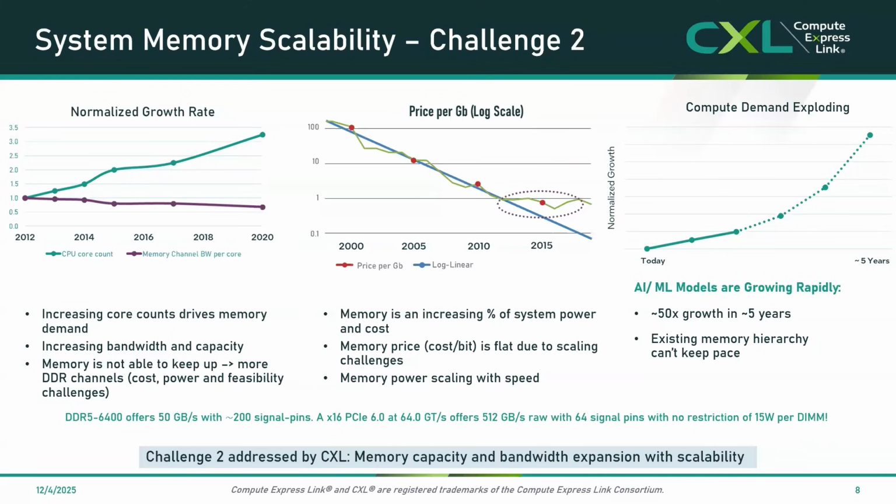So you can even deploy cheaper memory there to keep your costs under control. You don't need to have the most expensive type of memory. So this is where memory semantics helps with addressing the capacity challenges, the cost challenges, the bandwidth challenges, and then the scalability challenges. It also provides a pathway for enabling new types of memory technologies like persistent memory along with the traditional DDR. Next slide.